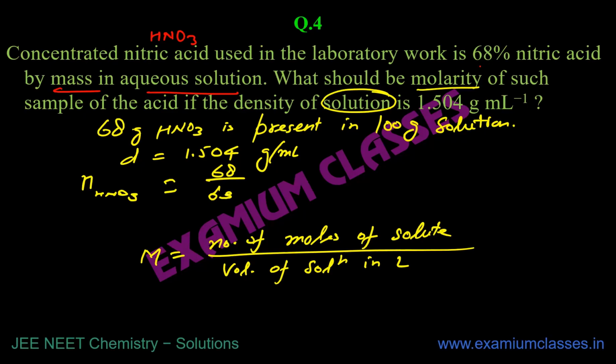Given mass 68 gram, because we have assumed the solution is 100 gram, and molar mass of HNO3 is 63: 1 plus 14 plus 16 into 3, 48, so 63.